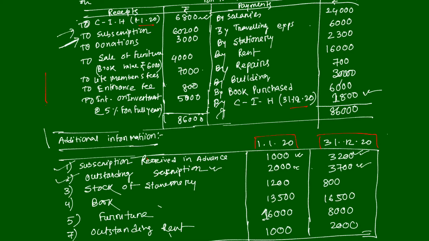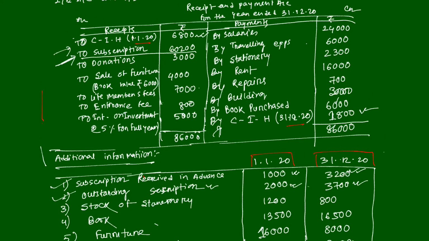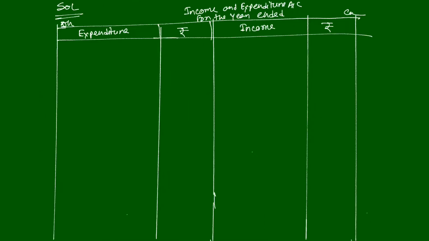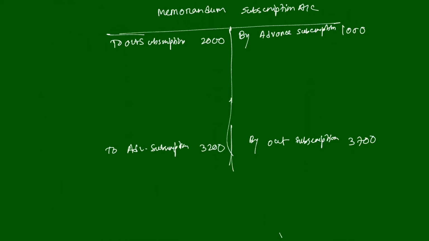Now this 60,200, this subscription, is written on which side? The receipt side. So this receipt side will be written on the credit side of the memorandum subscription account, by bank account, 60,200.